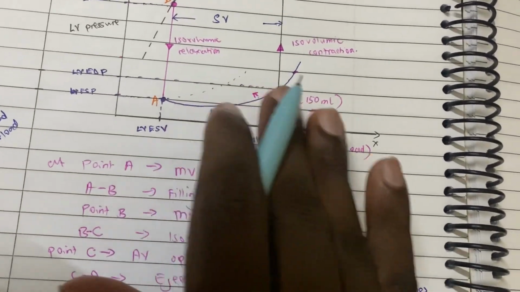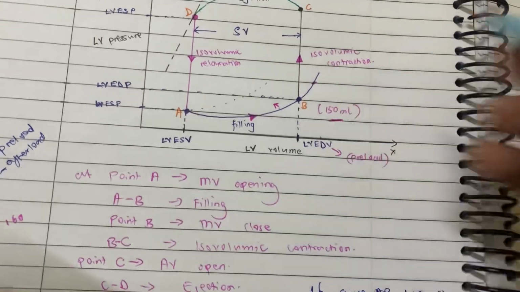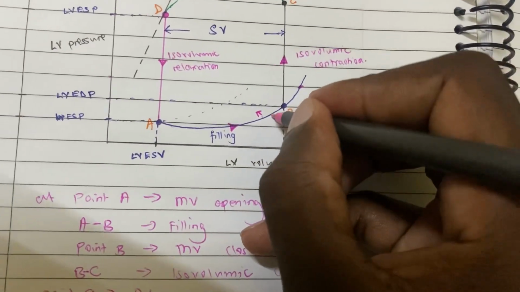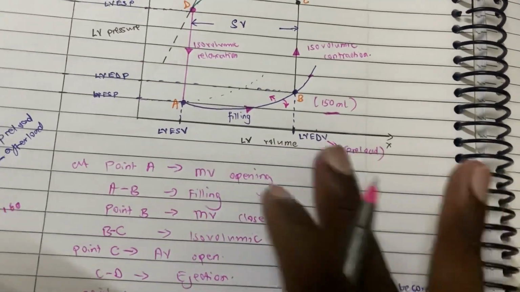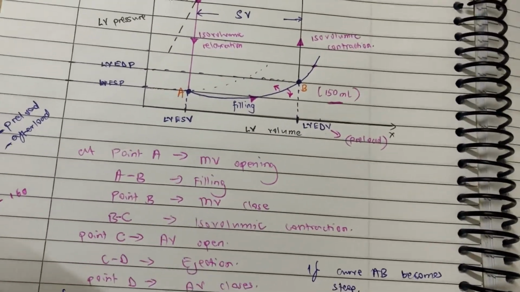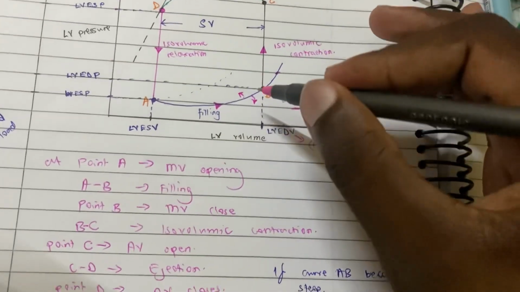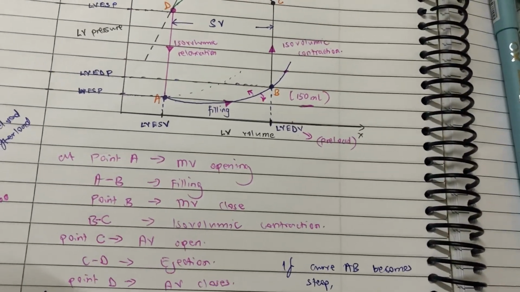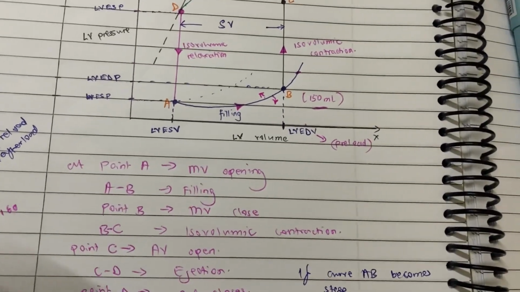If this curve shifts towards the right, that is a normal response in a normal heart. But in an abnormal, diseased heart, it will shift to the left. We don't want that one.